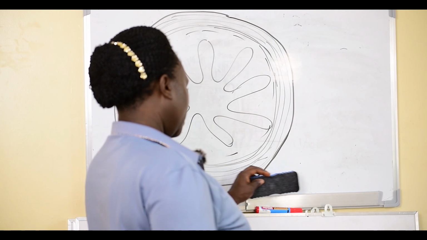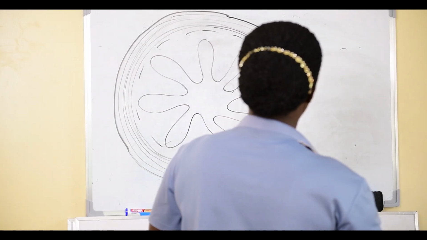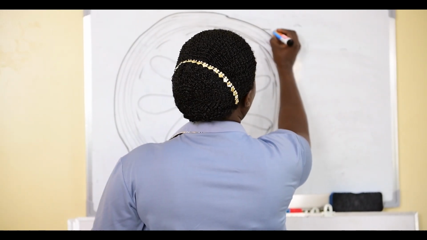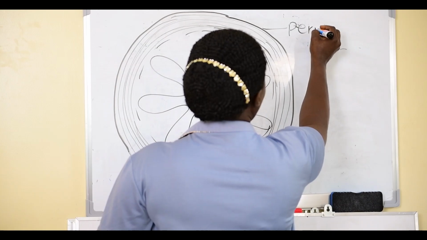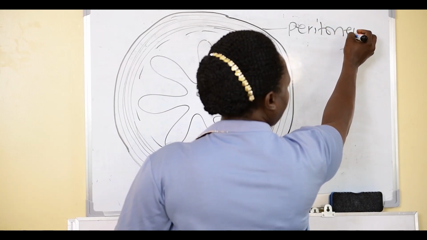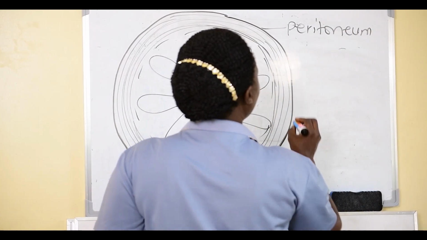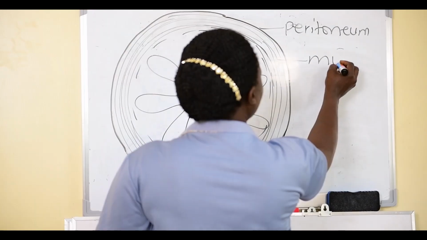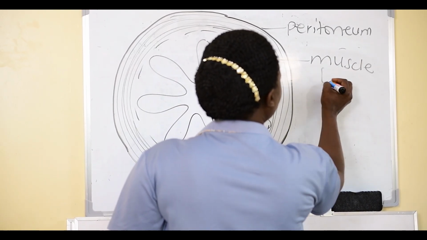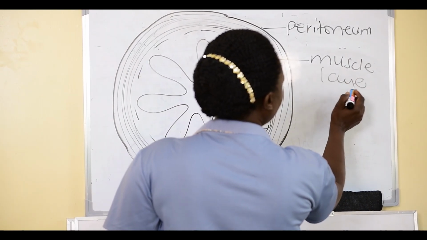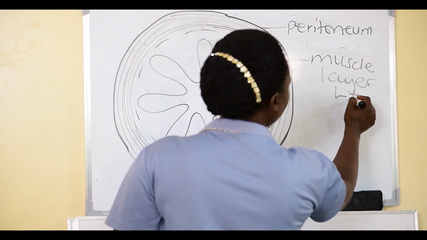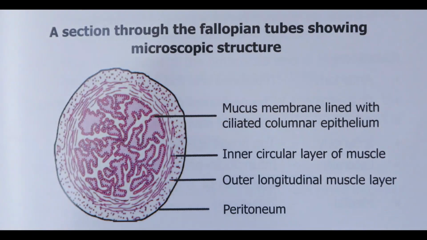So let's try using our diagram. We have the peritoneum, then we have the muscle layer, and we said for the muscles we have longitudinal plus circular muscle fibers. Then we said we have the connective tissue. Why connective tissue?